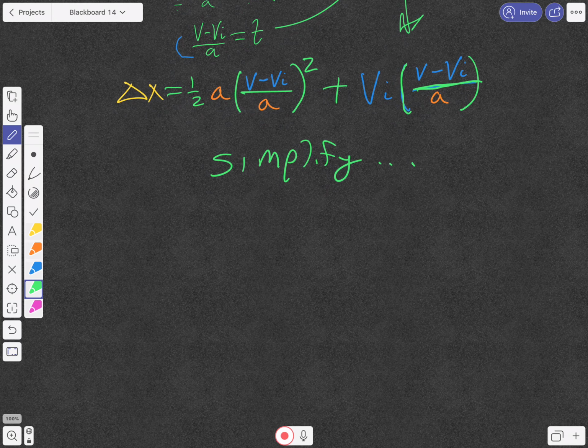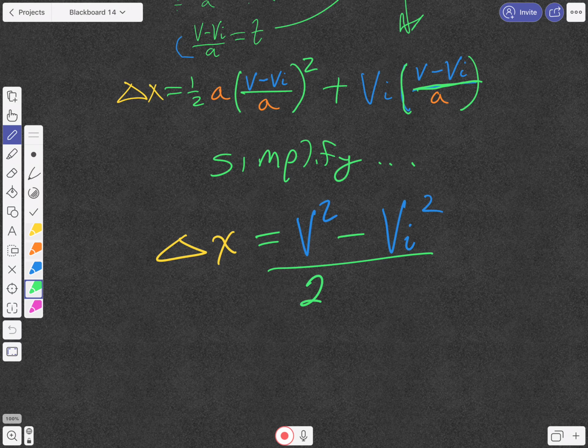But this will actually simplify down to delta x is equal to v squared minus our v initial squared all over 2a.